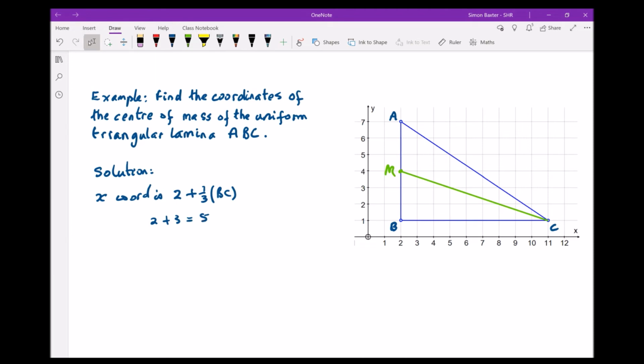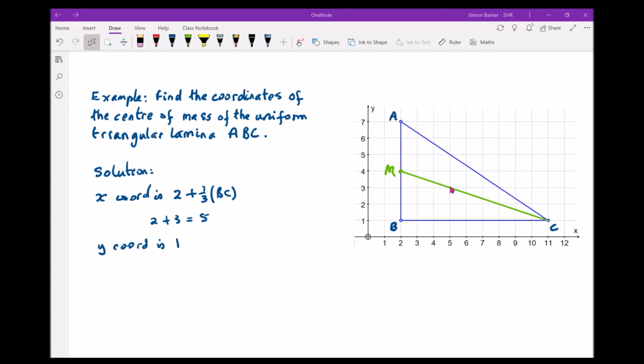In the same way, we can look for the y-coordinate. We're starting at 1, and then we're going to move a distance of 1/3 of the way up. B to A is 6, 1/3 of that is 2, so we're going to add 2. That means we're going along 3 and up 2.